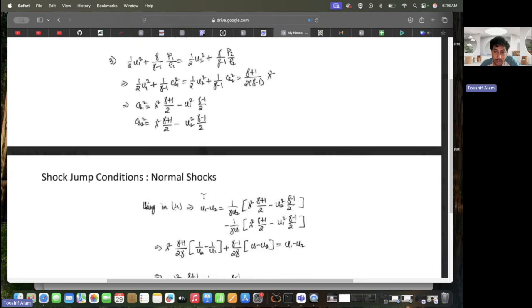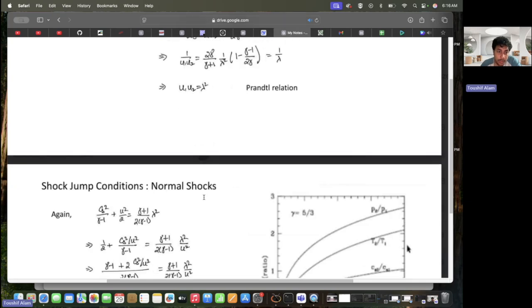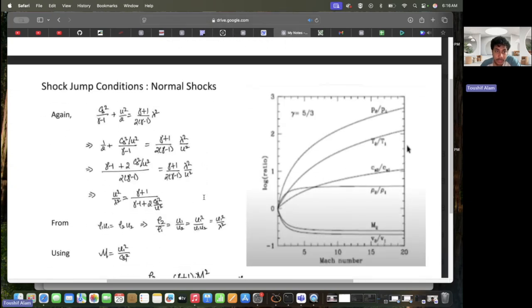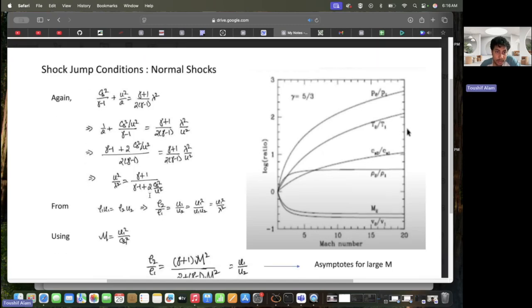You will see this is the constant that we have added. So then the shock jump condition again will get the CS square by gamma minus 1 plus U square by 2 is gamma plus 1 by 2 gamma minus 1 lambda square. So we'll get this U1 square by lambda square gamma plus 1. From rho 1 U1 equals rho 2 U2 we get that rho 2 by rho 1 is U1 by U2, which is U1 square by lambda square.